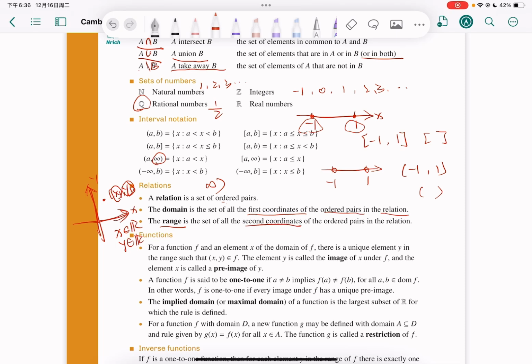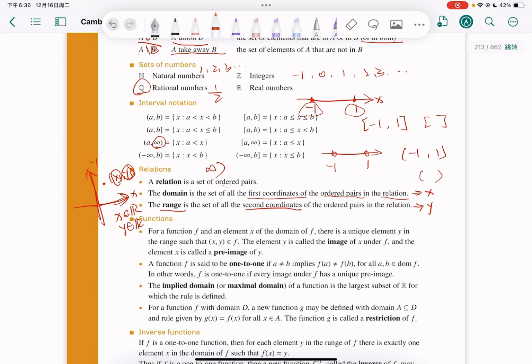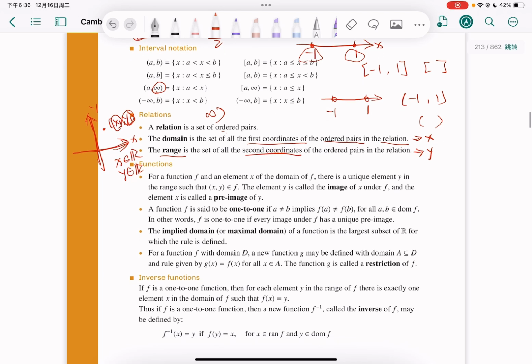So this is x, this is y in our xy coordinates. Okay, for functions, for a function f and an element x in the domain of f, there is a unique element y in the range such that (x, y) belongs to f.